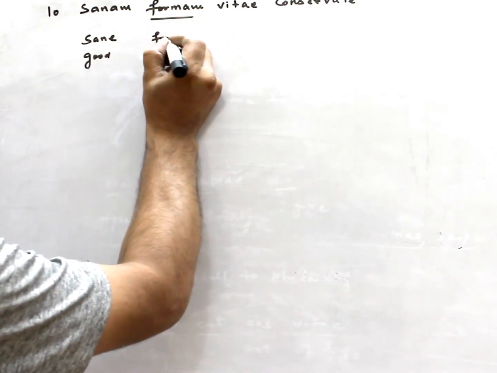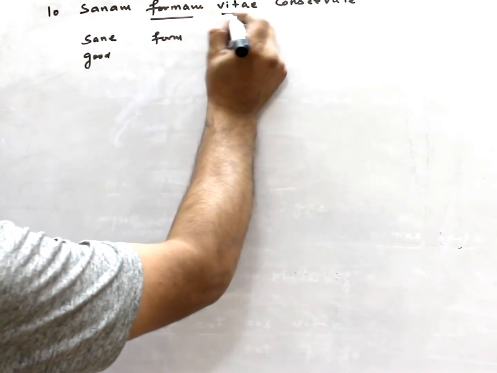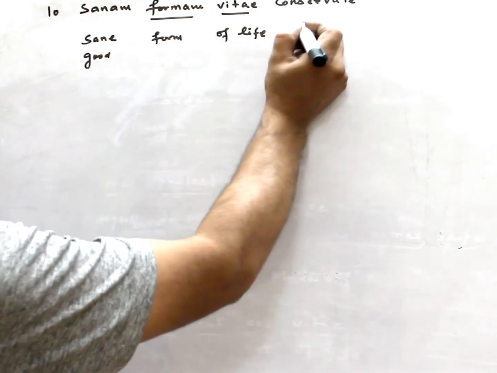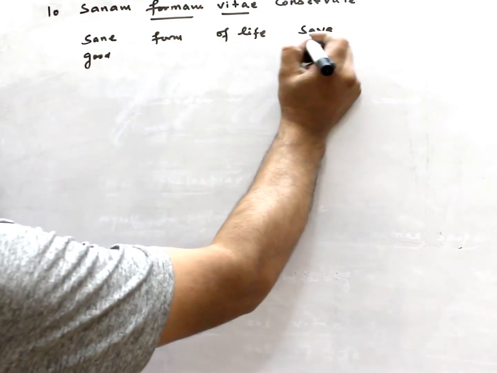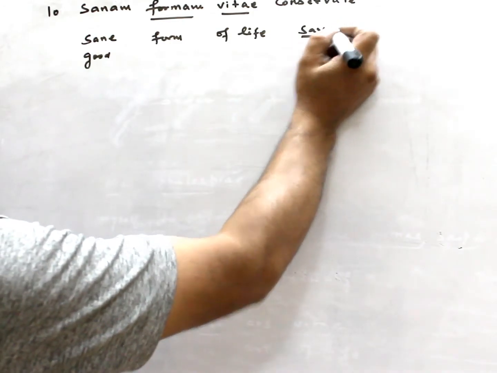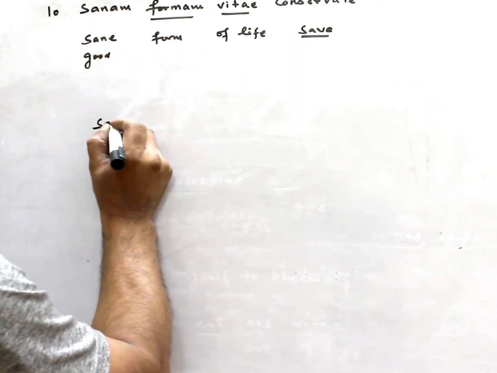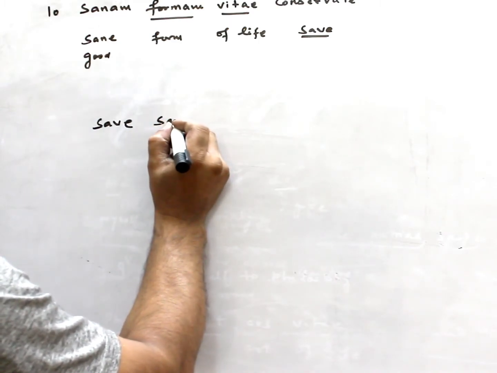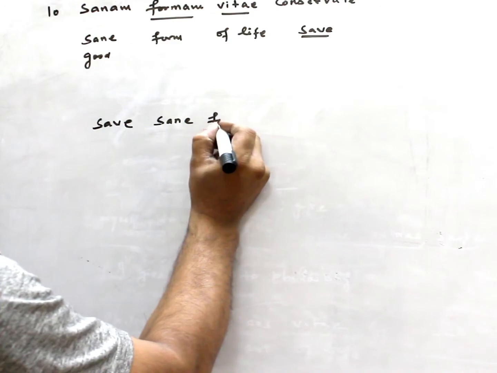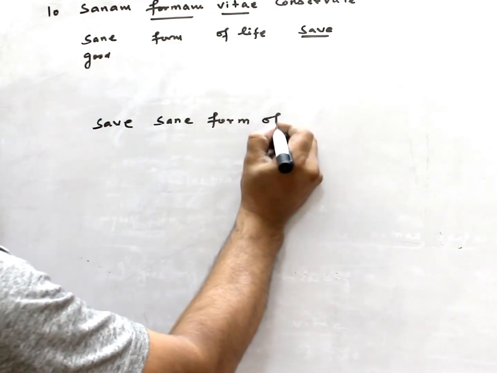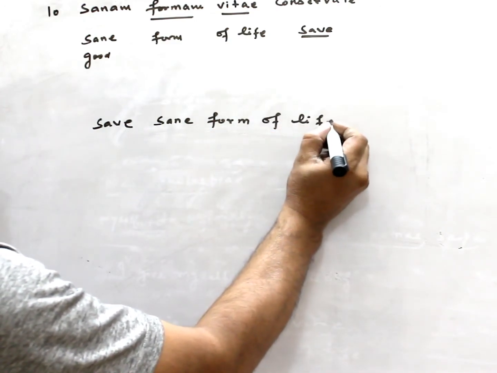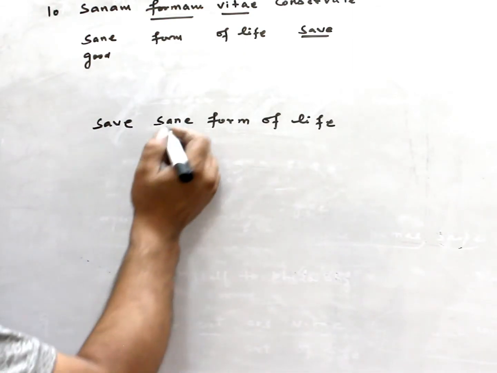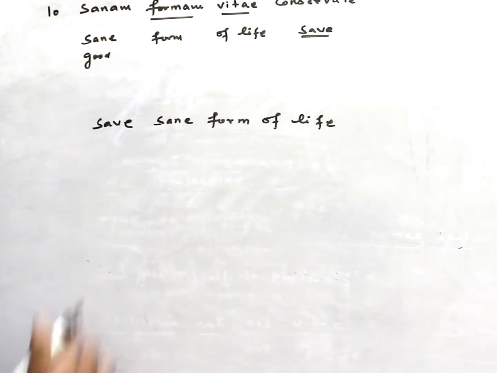Forma means shape or form. This is again genitive of life, and this is imperative, save or conserve. So the meaning is save sane form of life. Save a sane form of life, or good form of life.